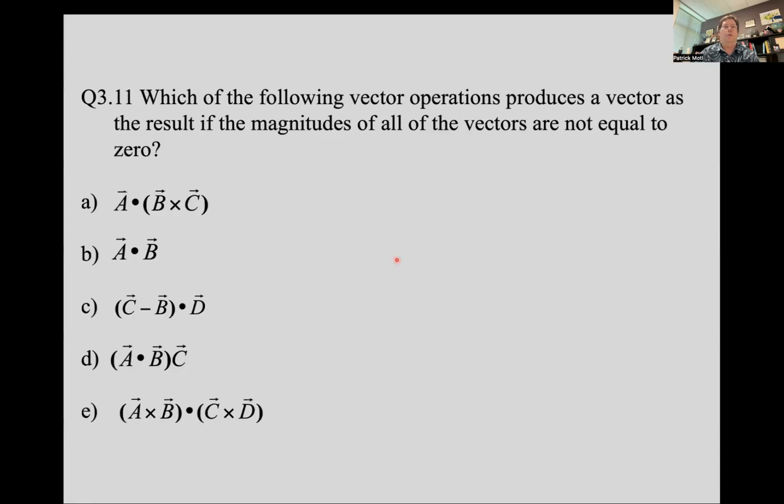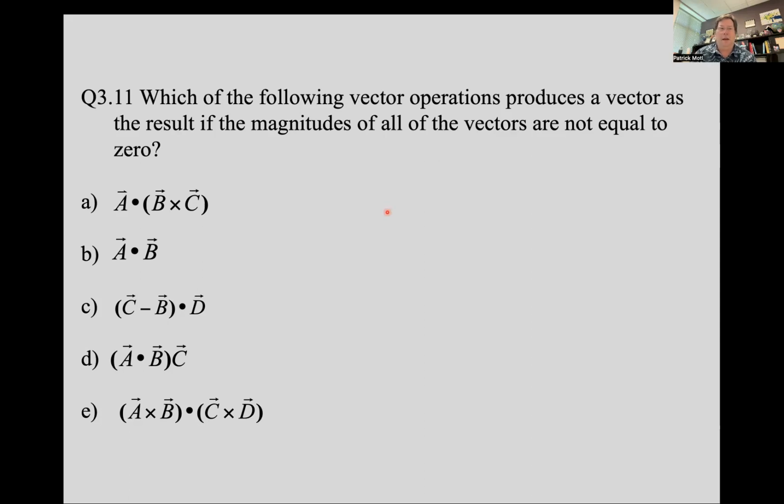All right, last question. It's a little check to make sure we're all clear on notation. Doing all sorts of things with vectors here. You have 5 different choices. These are all vector operations because they're operating on vectors. But which out of these 5 will produce a vector? And we're given the constraint that the magnitudes of A, B, C, and D are all non-zero.